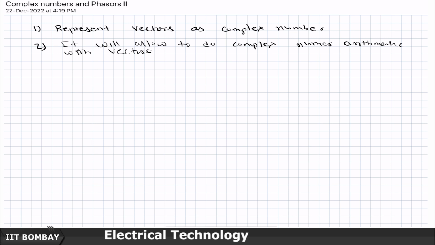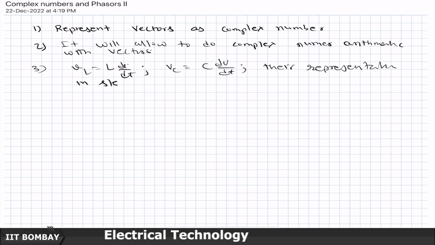Also, by now it is very clear to us that because of expressions like L di by dt, and Vc is equal to C dVc by dt, their representation in steady state, especially when we are dealing with additions and subtractions of vectors at the same frequency, becomes a bit difficult.